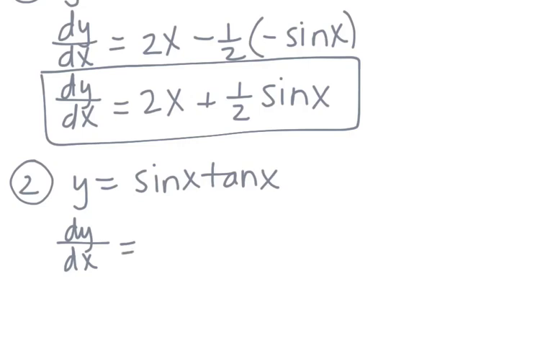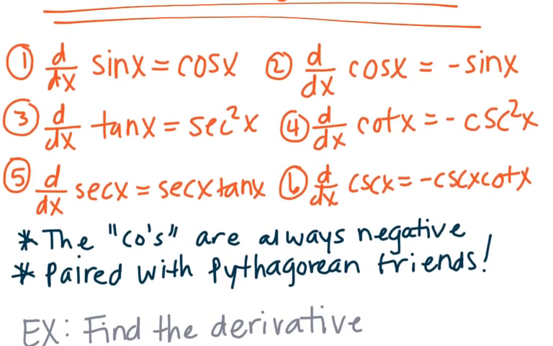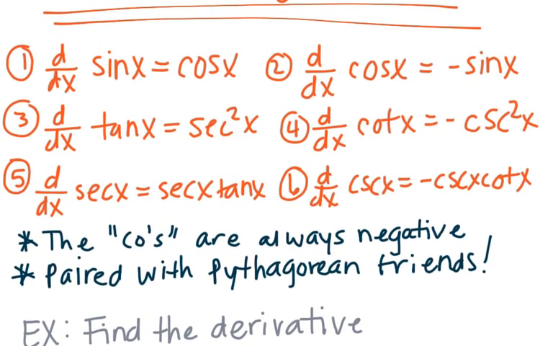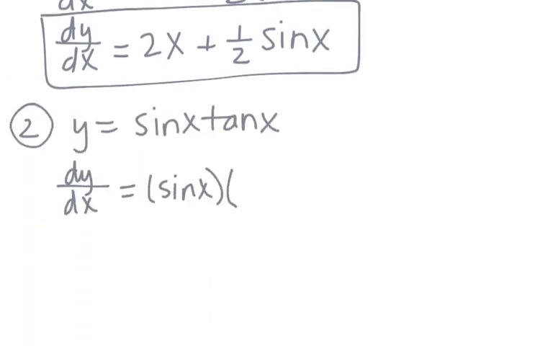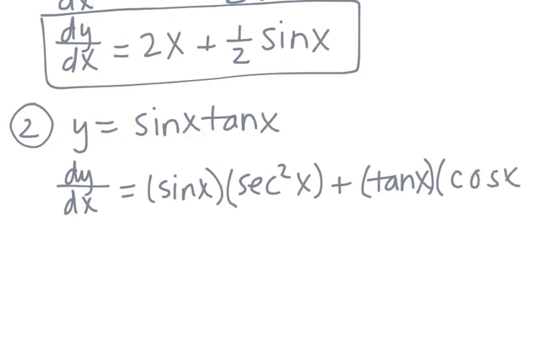Okay, so first is going to be sine x times the derivative of the last, which would be the derivative of tangent x, and that's going to be secant squared x plus last d first. And the derivative of sine, that's one I actually remember pretty easily. That's just cosine.